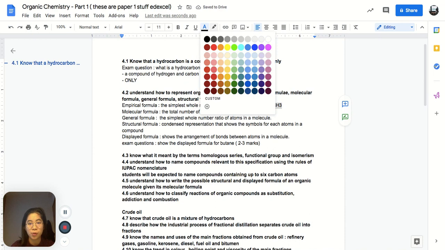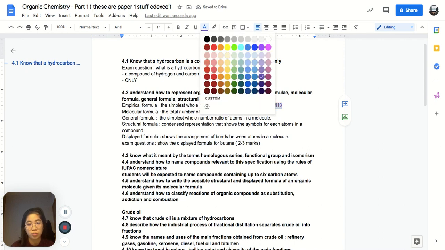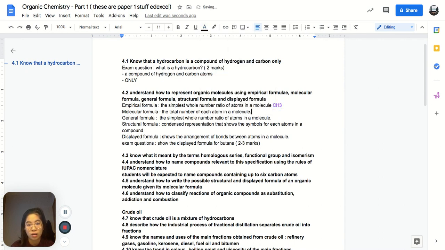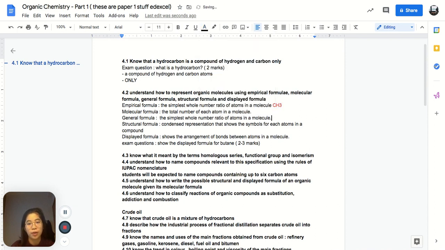I will use a pen to do my example so that you know. Oh my god, that was not great. Anyway, I'll use red. So CH3 is just an example of an empirical formula, the simplest whole number ratio.